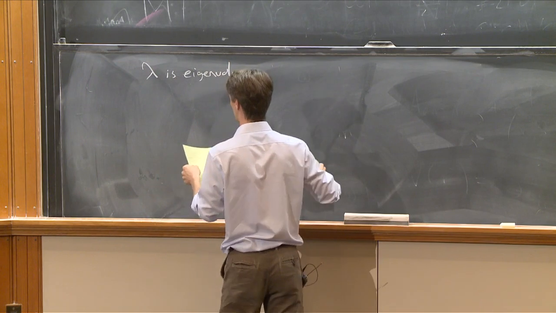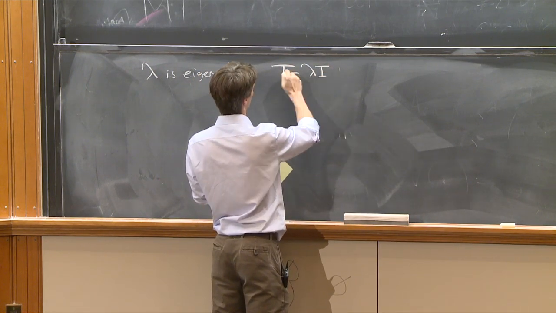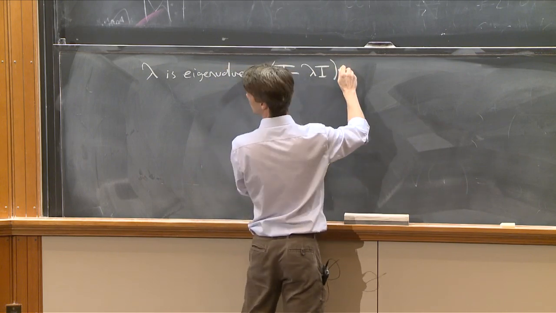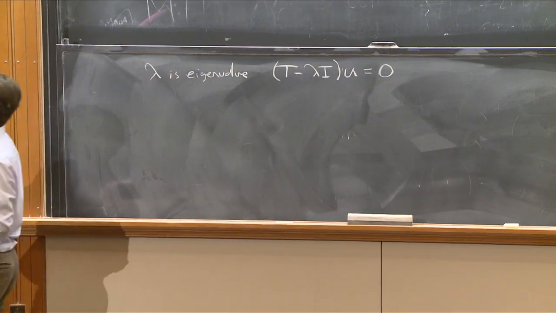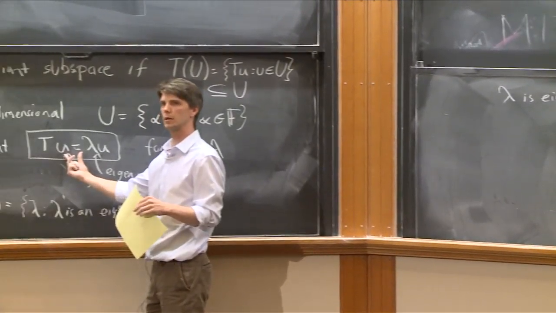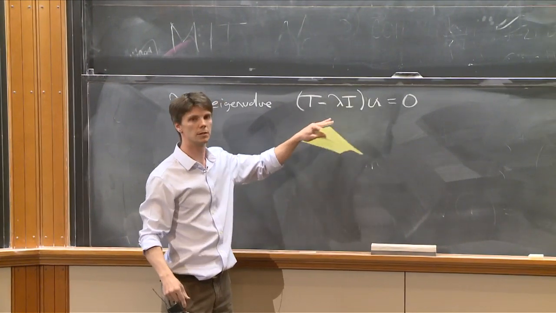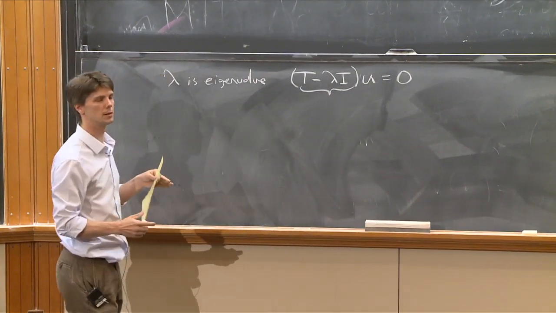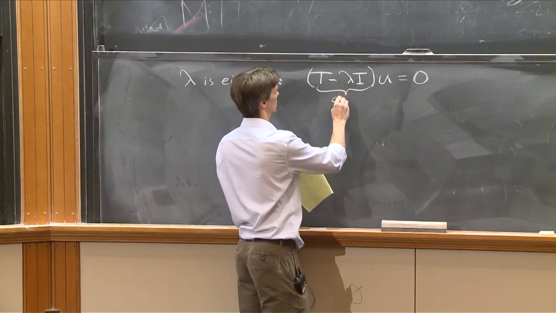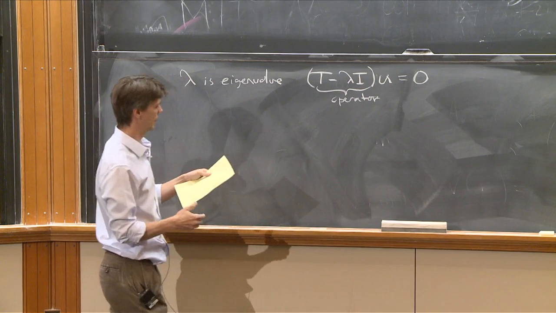Well, all I'm doing is taking this term over to the other side of the equation and inserting the identity operator I. So T minus lambda I, acting on u, gives zero. This is in itself an operator now, right?